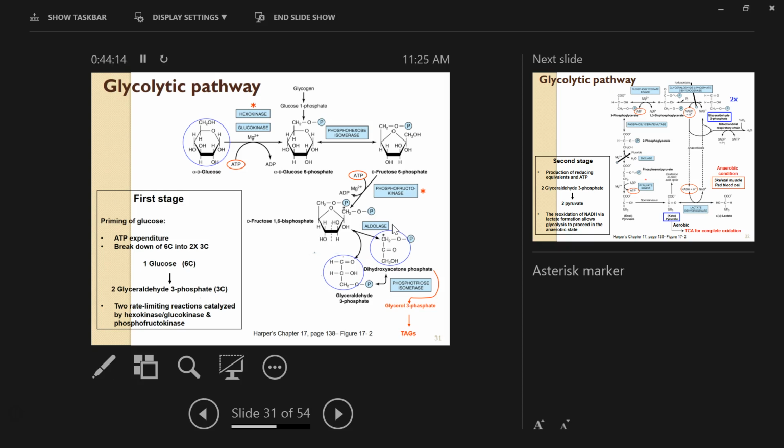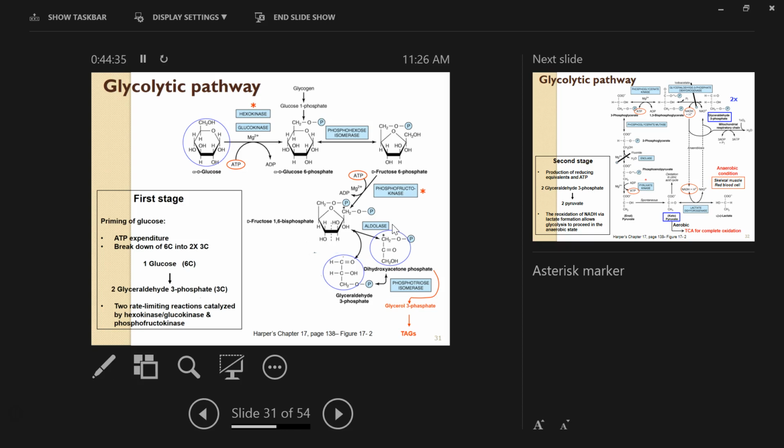Just to make things simple, we divide the glycolytic pathway into two stages, right? The first stage is called the priming of glucose. The first stage basically consumes ATPs and does not produce ATP.